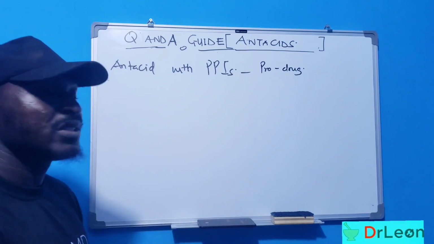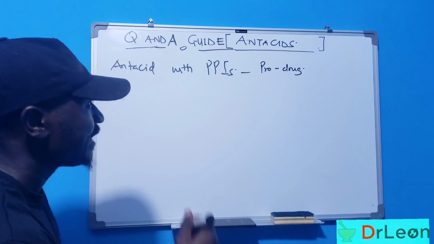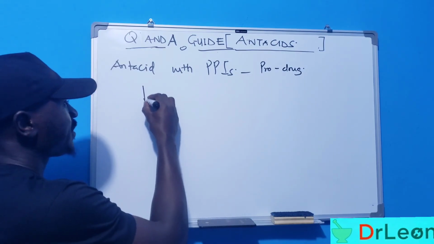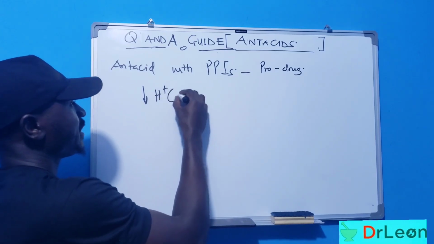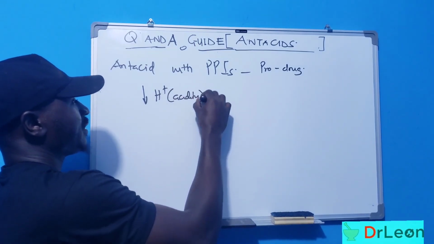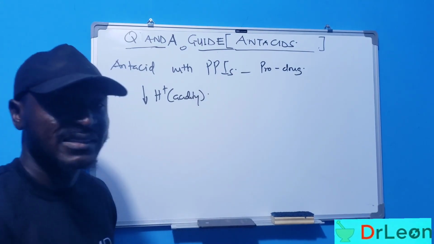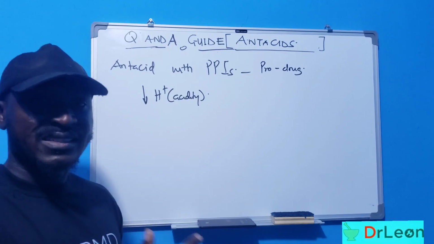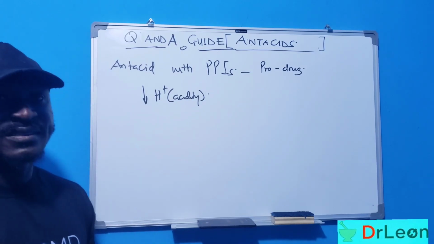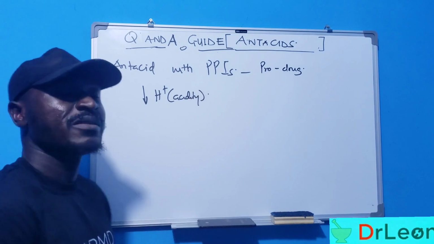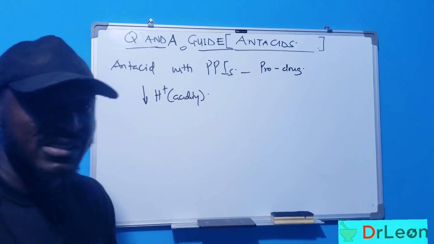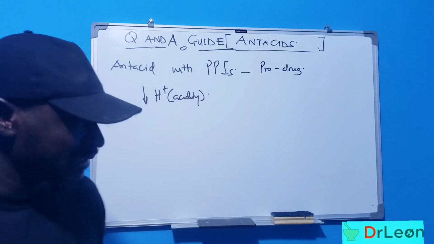So if you take antacid, the antacid will rather reduce the H+ or the acidity, and for that matter, the activation of the proton pump inhibitors will be impaired, and they wouldn't be effective in treating your peptic ulcer disease.